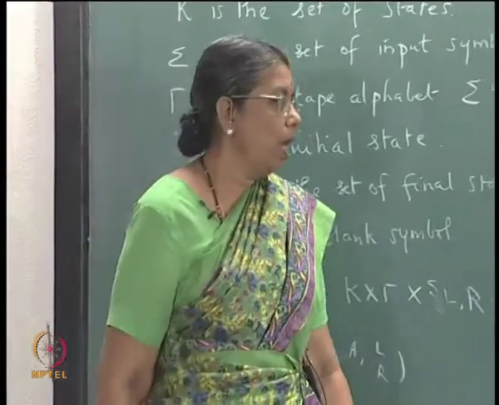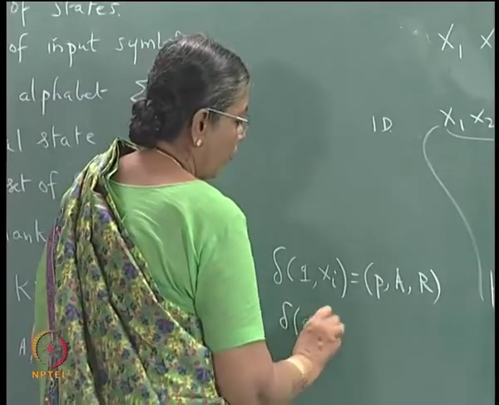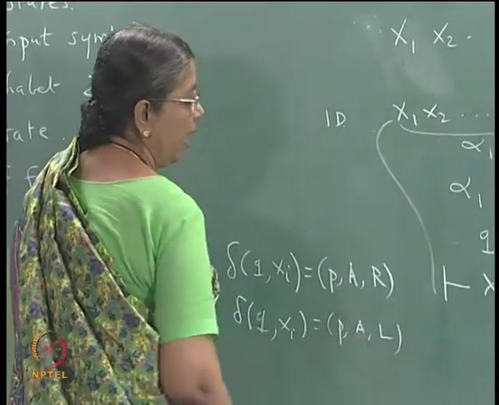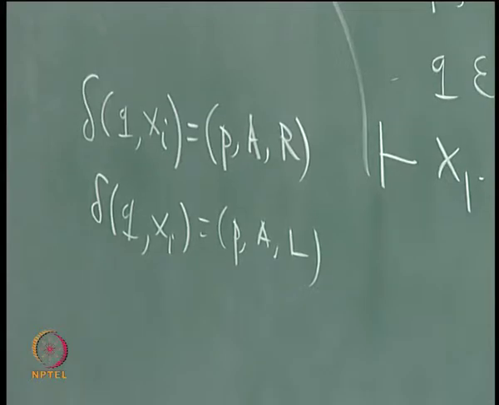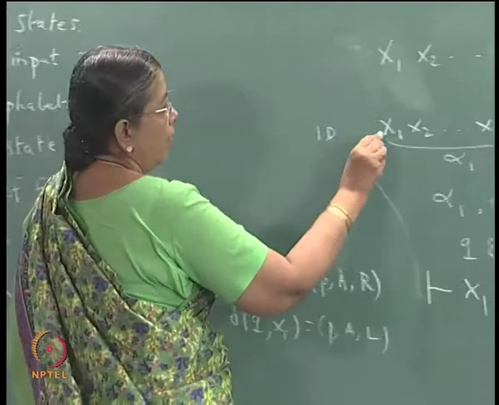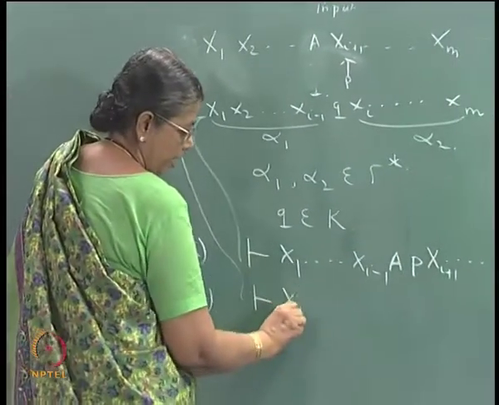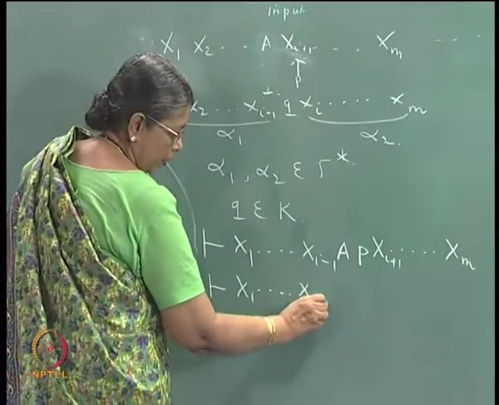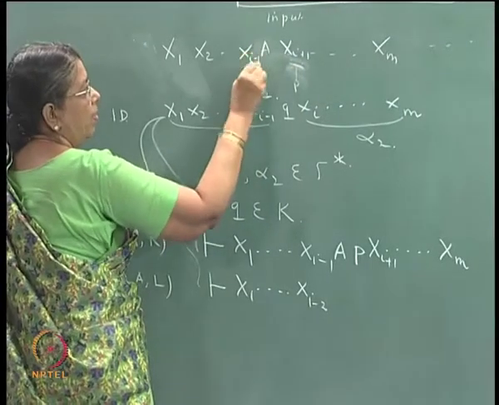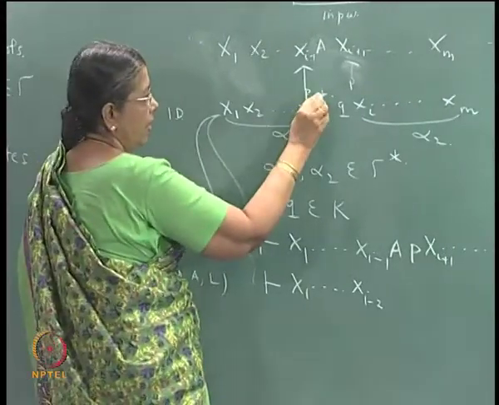If it is a left move, delta of (q, xi) is (p, a, L), the left move. From this ID, it will go to the ID x1 up to x(i-2), p x(i-1) a x(i+1) and so on. Left move means it will go here, in state p.